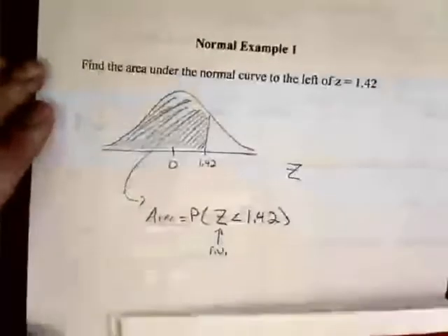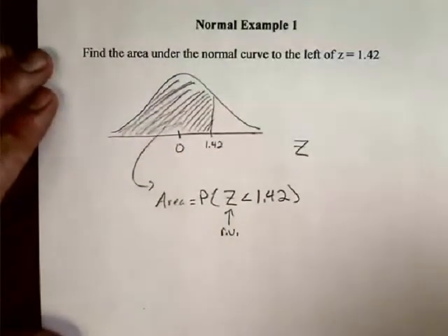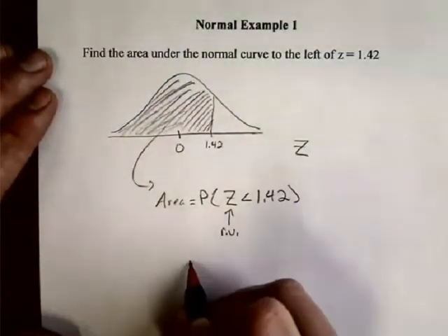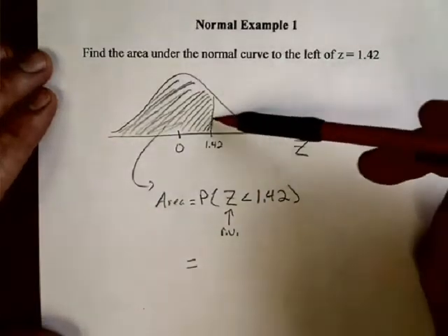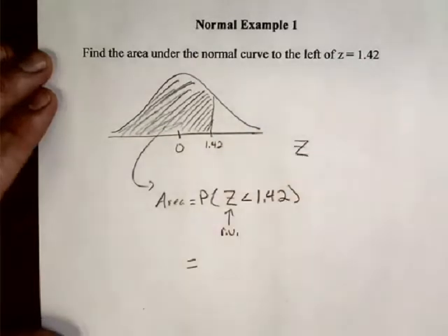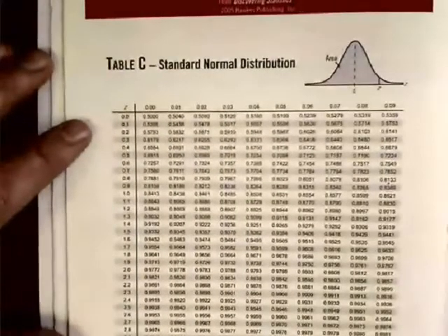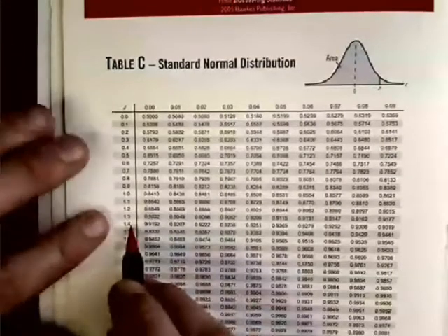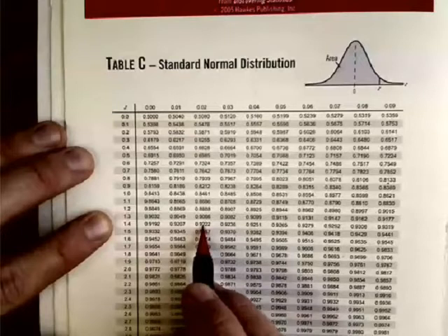Now, when we think about this particular example, we need to decide, okay, what table do I want to use? Well, the kind of area that I'm looking at is the area to the left of a particular z-score, and table C is best suited for that. So I'll look under table C here, look under 1.42, I get 0.9222.